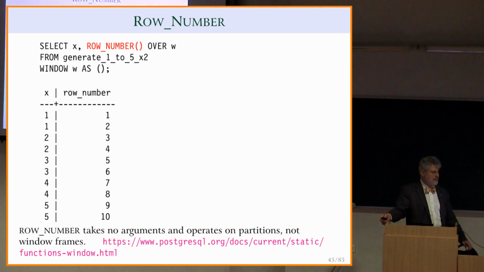What that means is that it doesn't matter what you specify as a window frame. Range mode doesn't matter, rows mode doesn't matter, unbounded preceding, current row makes no difference. This function operates on partitions, doesn't matter what your frame specification is at all. And again, we have a URL here at the bottom if you want to look at the Postgres docs on these functions.